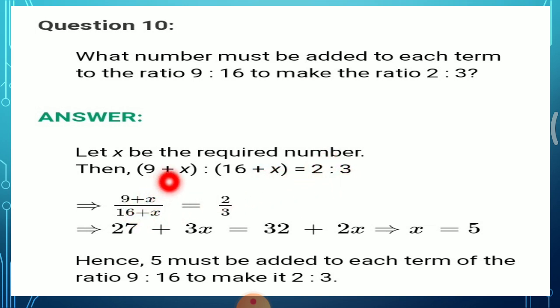Now you write 9 plus x by 16 plus x is equal to 2 by 3. Now you do the cross multiplication. 3 9s are 27 plus 3x is equal to 2 16s are 32 plus 2x. Okay, now you find the value of x, so x is equal to 5. Okay, so 5 must be added to each term of the ratio 9 ratio 16 to make it 2 ratio 3.